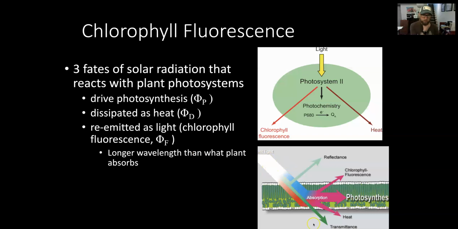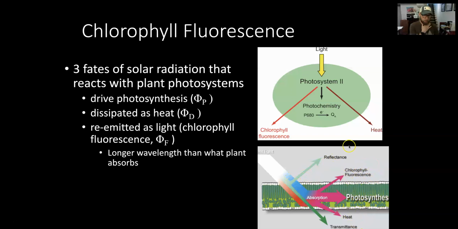Just to clarify, all of the fates of light that would be incident on a leaf, in this system and with chlorophyll fluorescence, we're talking about these three functions that are on the right side of this figure: photosynthesis, chlorophyll fluorescence, and heat. But some of that light doesn't even make it into the leaf.